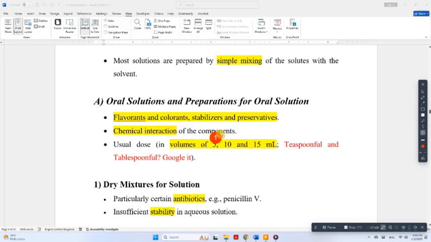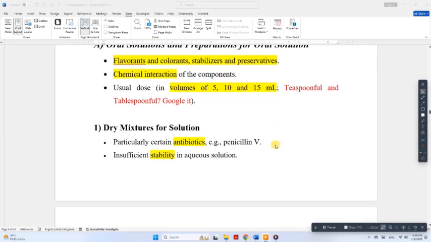You should be familiar with these terms and what they mean in pharmacy. When we say 1 teaspoonful, we refer to 5 milliliters, a measurement of 5 milliliters. When we say 2 teaspoonfuls, we are talking about 10 milliliters. The teaspoon is smaller than the tablespoon, the one that you eat rice with, etc. Now, the tablespoonful is 15 milliliters. So, you should be aware of that.